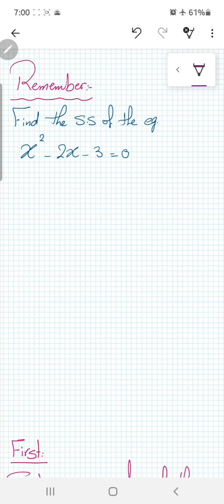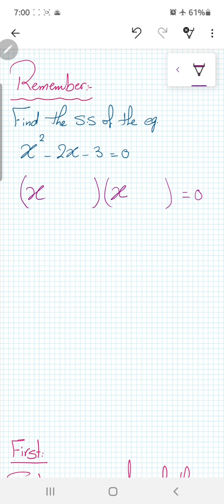We studied last year how to solve equations of second degree by using factorization. How? We open the two brackets. We get the square root of the first, the square root of x power 2, it will be x. So we have x and x.